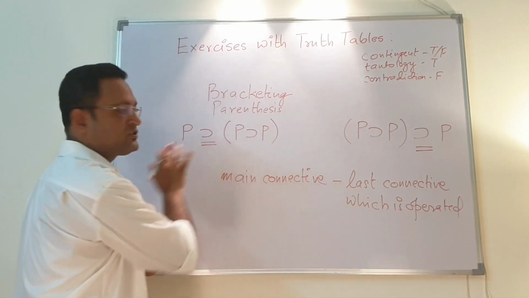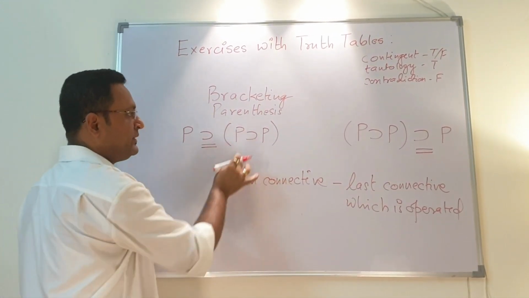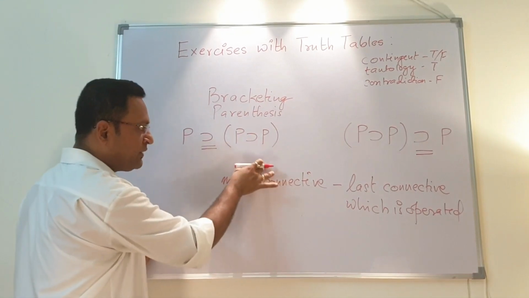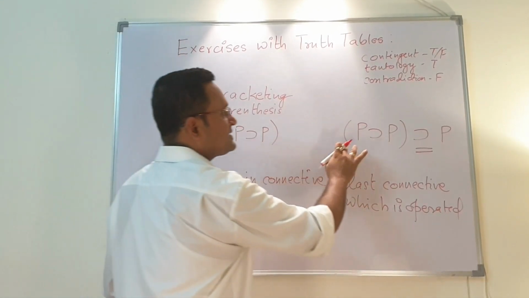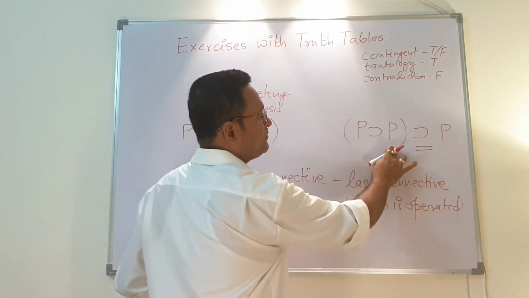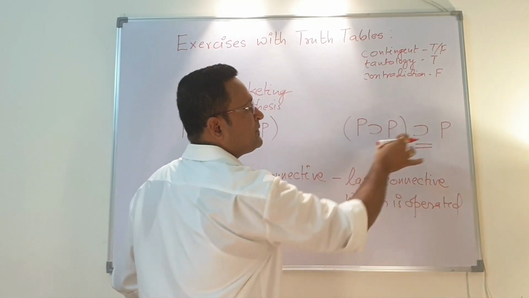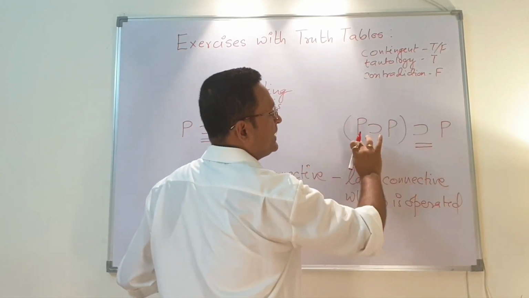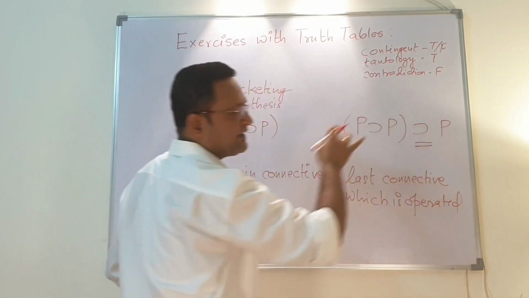If you take this question, you will put the values of P, then you will calculate the value of this, then you will calculate the value of this with this. In this case, you will put the value of P here, here and here. First you will calculate the value of P here, then you will calculate the value of this expression with P again, and you will write it over here.